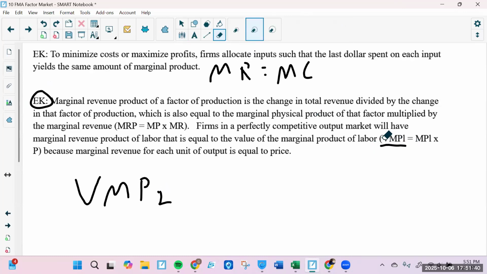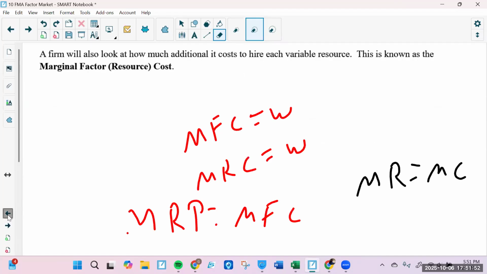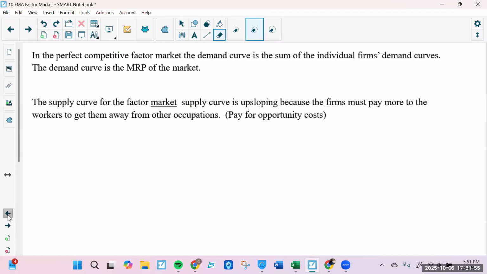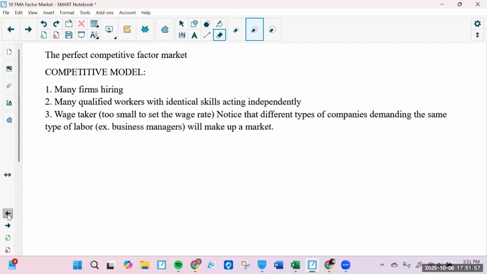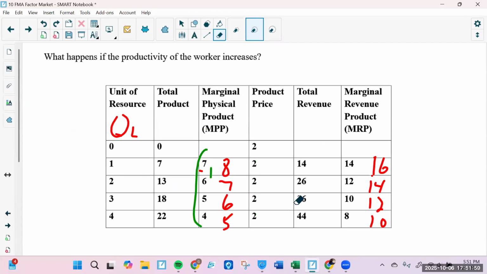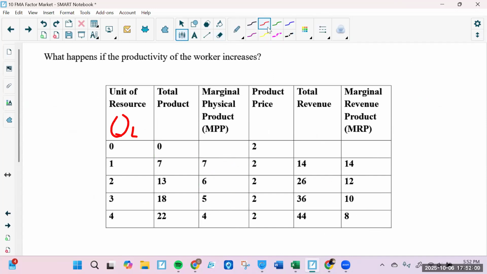But the value of the marginal product of labor is the same thing as the marginal product of labor times price. Okay, and you're going, wait, Pat McKee. Earlier, when you said way back here, you said the MRP. Let me go back even further. Okay, you said this MRP right here, this $12 is the same thing as the marginal product times price. So 6 times 2 is 12.